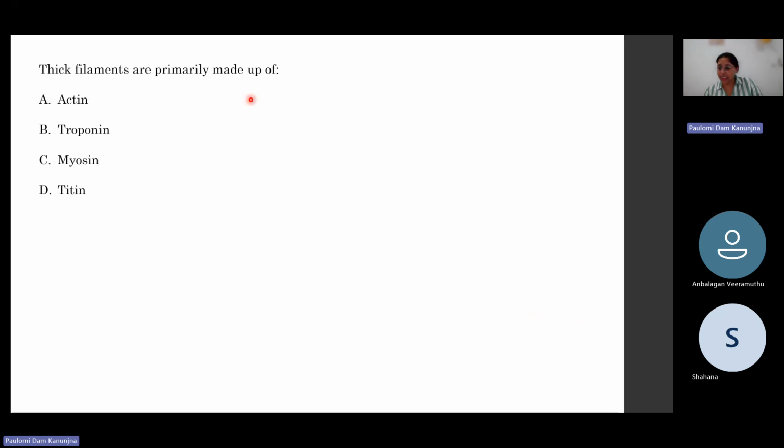This is probably the easiest question. Thick filaments are made up of? Very easy. Thin filaments and thick filaments, actin and myosin, which one is what?